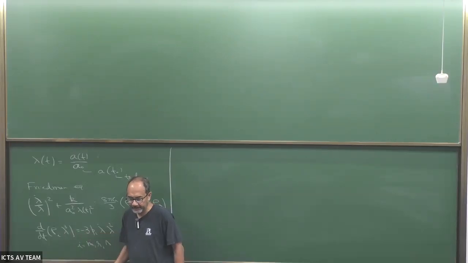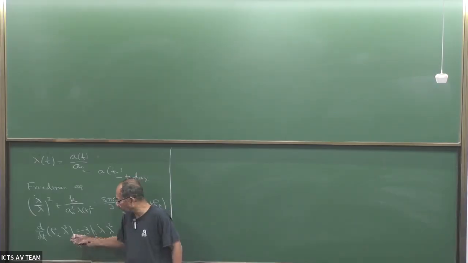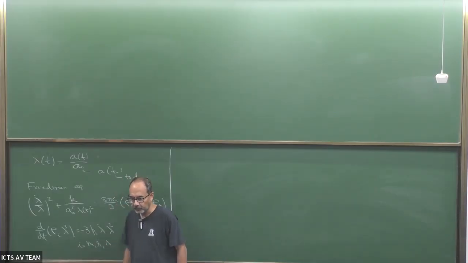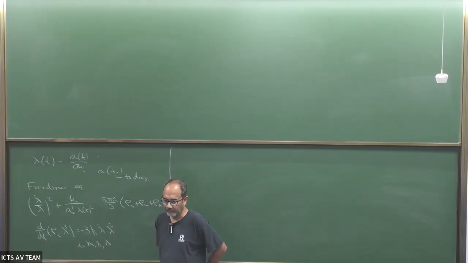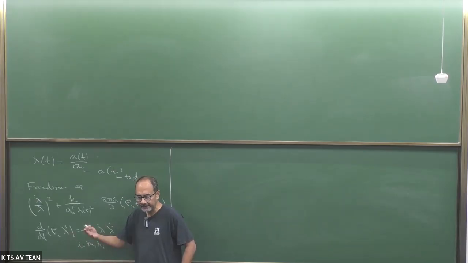This you can check, because if rho is equal to minus p, equal to constant, then this is an identity. But the fact that you are assuming that this is separately valid for rho r and rho m is using this physical input: matter and radiation don't exchange energy.